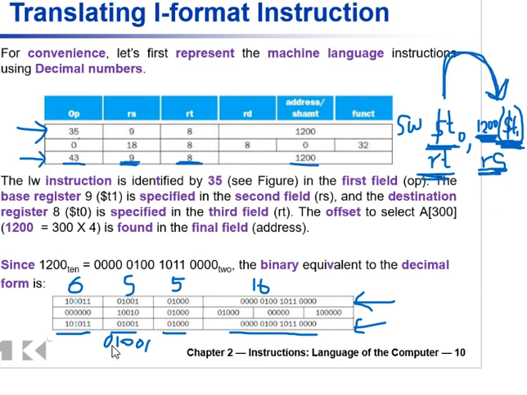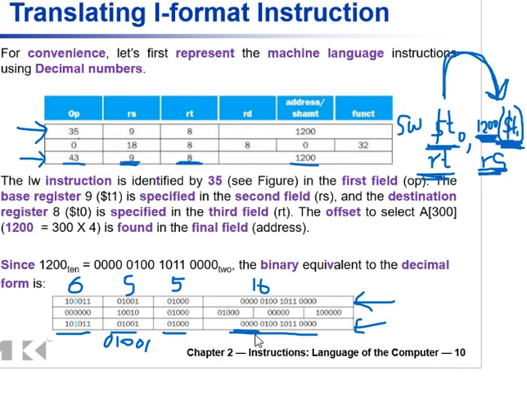When you count, you get 1, 2, 3, 4, 5 bits. See here, they fill with zeros. If you do not get enough bits, do not leave it like that. You have to maintain that many bits. If it is 16 bits, maintain 16 bits. If it is 6 bits, maintain 6 bits.